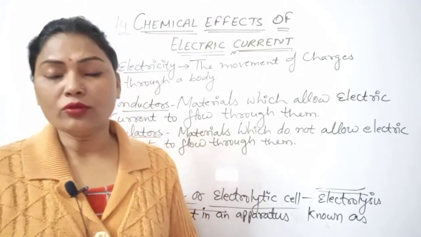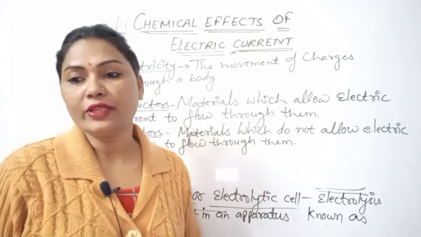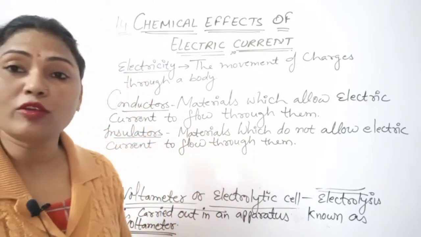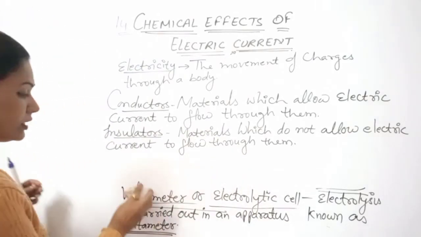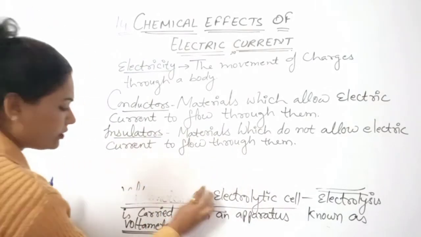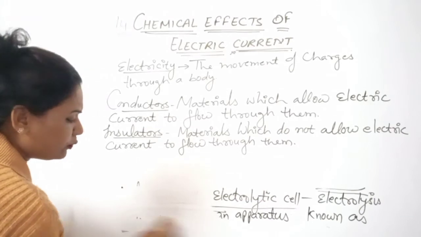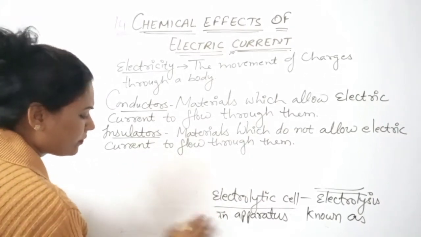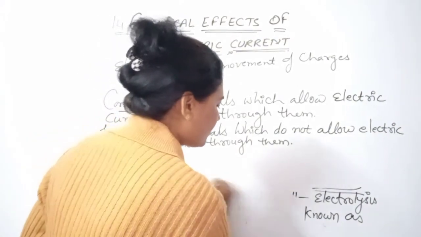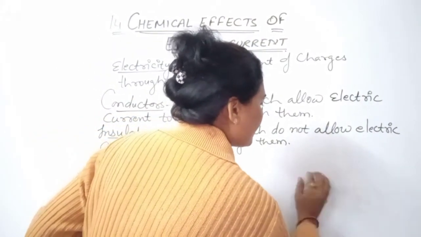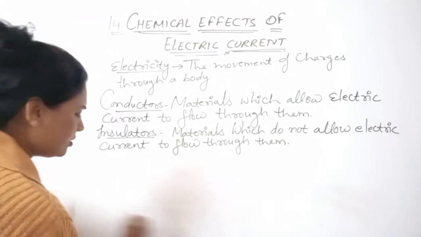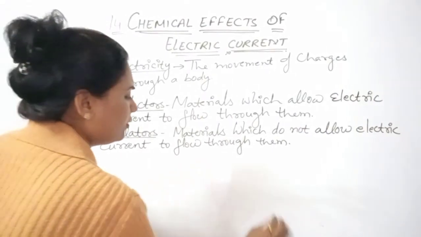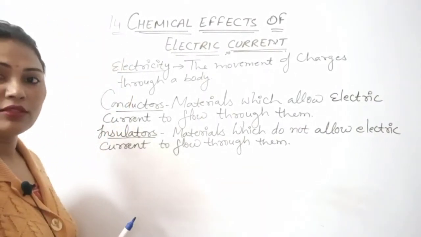Electrolyte, I told you that the liquid which conducts electricity and undergoes decomposition. So you can write that also. If you have not written, pause the video and write this definition. Okay. Now let us write the definition of electrolyte. Got it?